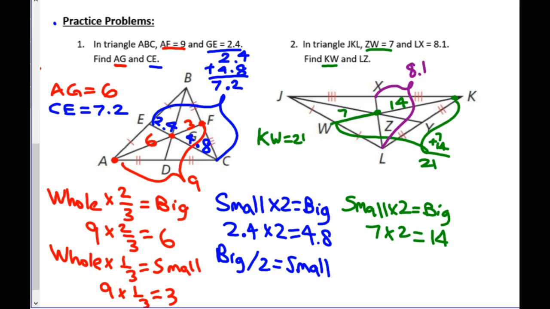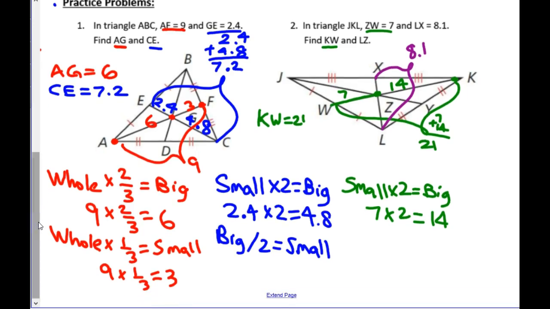If you know the whole thing, you're going to multiply by 2/3 and 1/3 to get each part. This red one. If you know the whole thing, times it by 2/3 to get the big part, times it by 1/3 to get the small part. Okay, let me show you. Whole times 2/3 equals the big.